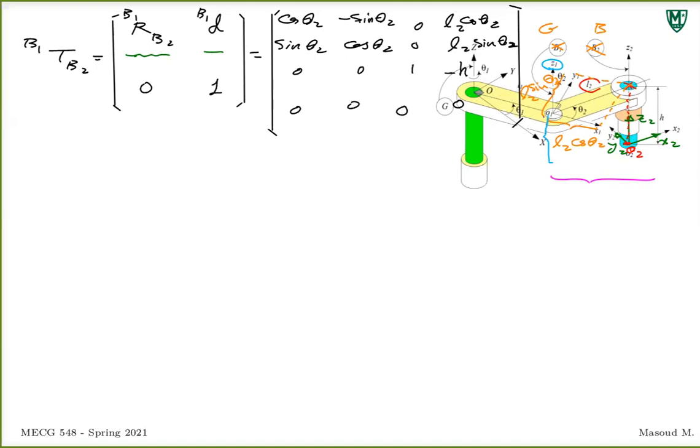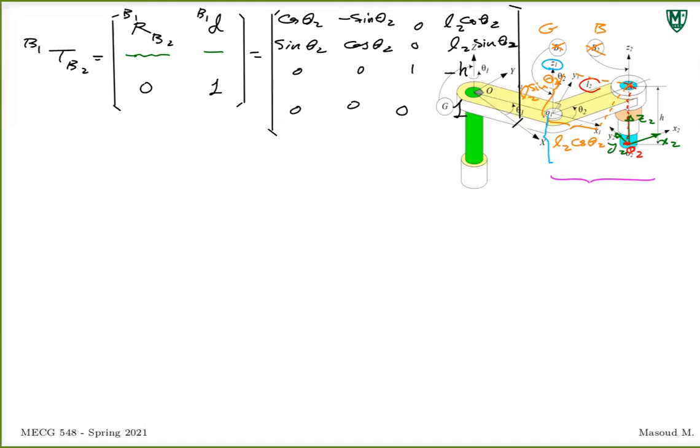Then the last row: zero, zero, zero, one. This should be one. Why did I put 0? The last row is always 0, 0, 0, 1. This is just one. Nothing to do with the rest of them.